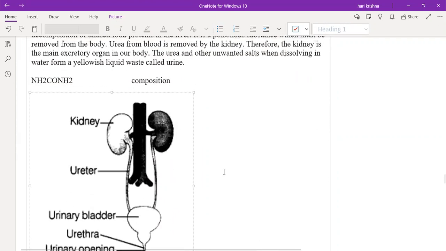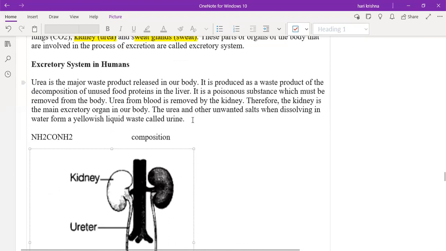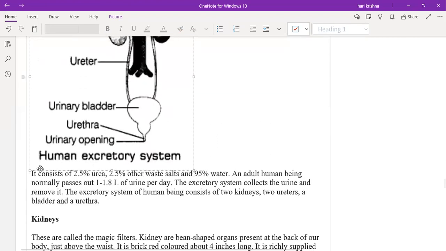Generally, urine contains uric acid. Okay, generally, the soaps or detergents we are using right now are mostly basic in nature, not acidic.